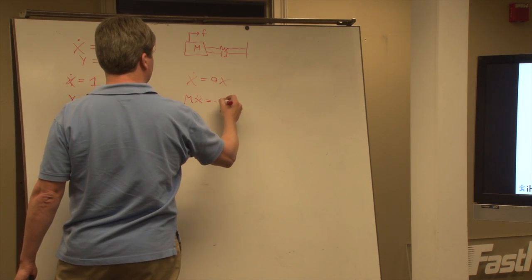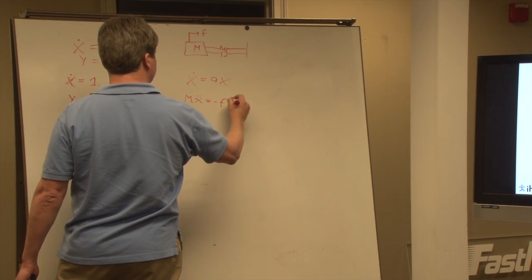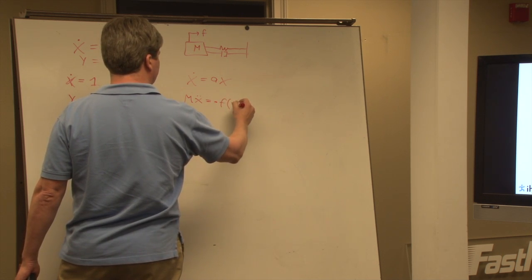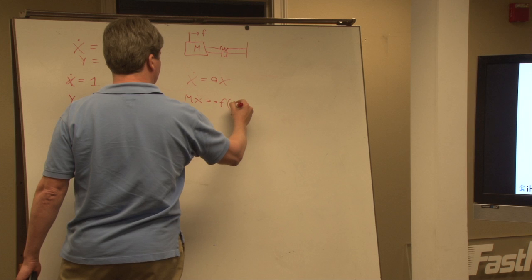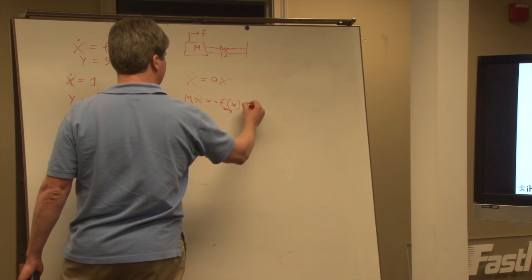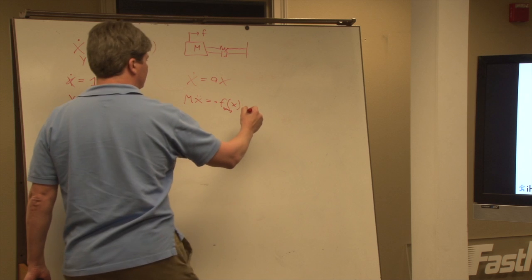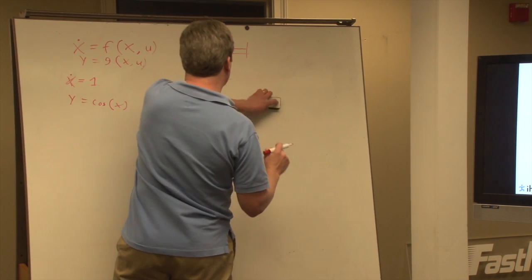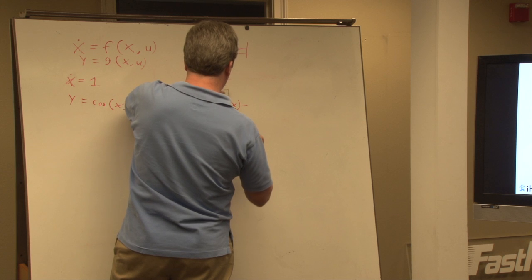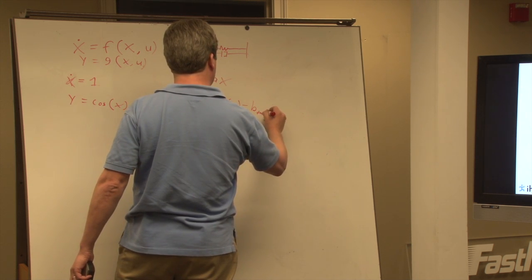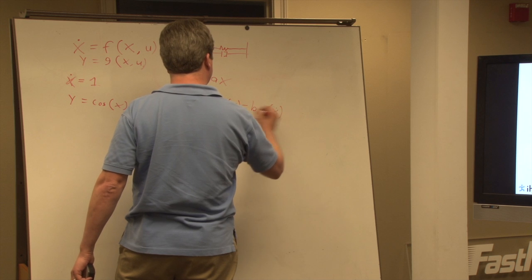So it's going to be some restoring, I'll put the negative there just so that it's restoring, some spring function of x, minus some damping function. Let me make this K just to be like a spring. Some damping function, V damp, as a function of x dot.